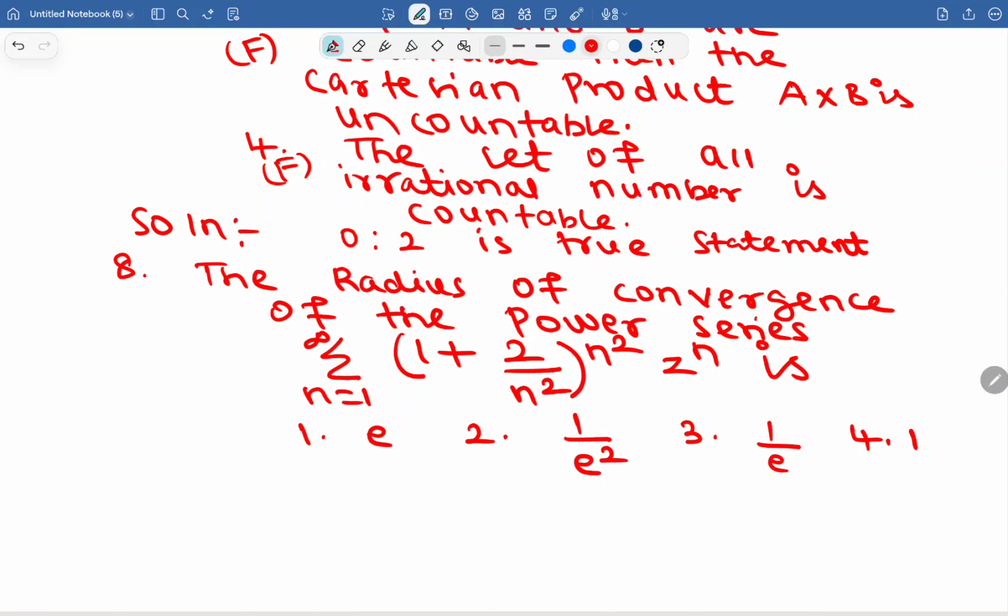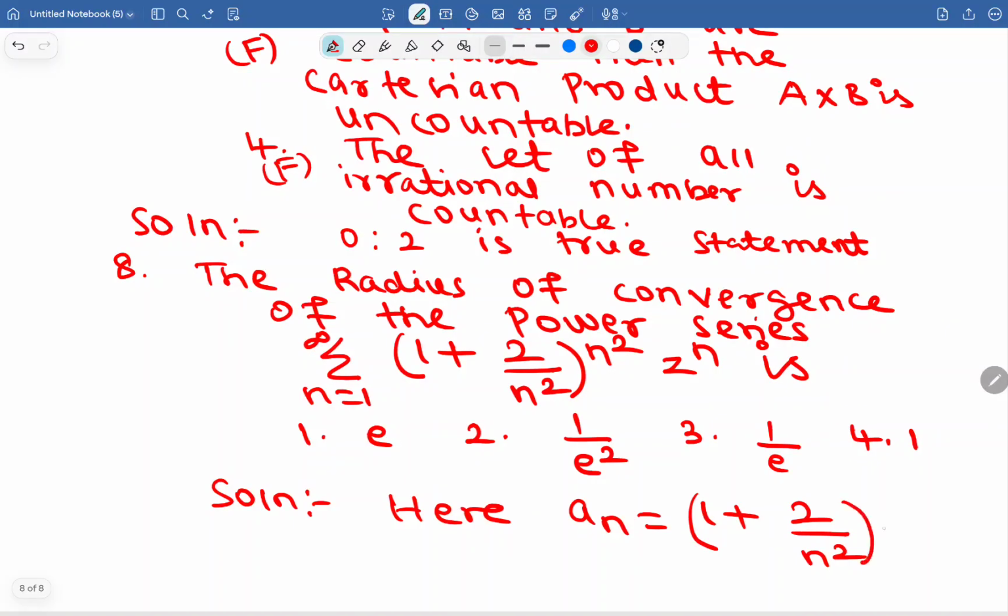We have to find radius of convergence for the power series, whether option 1 e is the correct one, or 1 by e square, second one, or third one 1 by e, last option is 1. If you compare power series an z power n, here what is an? an is (1 plus 2 by n square) power n square.